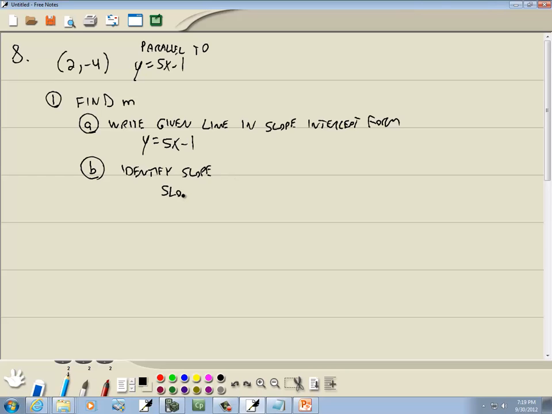Well, if you have it in slope-intercept form, your slope is whatever number is before your x, which is 5. And then C, parallel lines have slopes that are the same. So the m we're trying to find is going to be 5. Same as that.